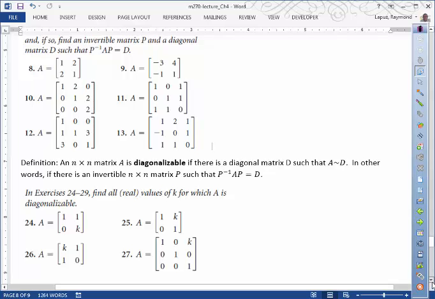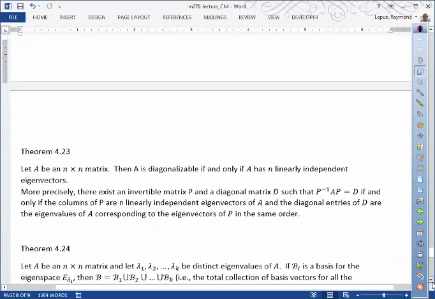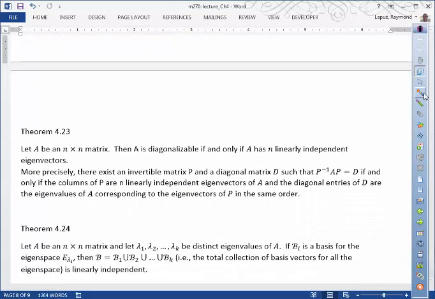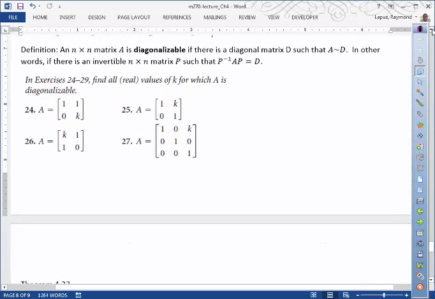So that's the idea behind being diagonalizable. There's an interesting problem over here in the book that has k stuff again. Remember that k stuff? Let's do one of these problems.